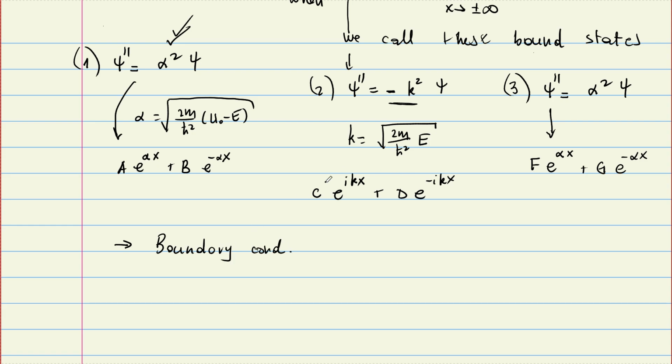I think the most obvious boundary condition is psi should go to 0 as x goes to plus or minus infinity, and by using that I can kill this, because it's blowing up as x goes to infinity, and I can kill this one because this also blows up as x goes to minus infinity.